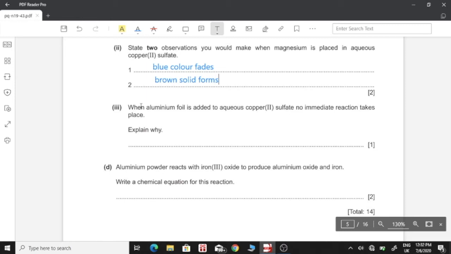Now this is a layer which prevents aluminium beneath the layer from reacting with any surface. So it is due to this protective layer that aluminium does not react with any other substance. So due to the protective layer on its surface.